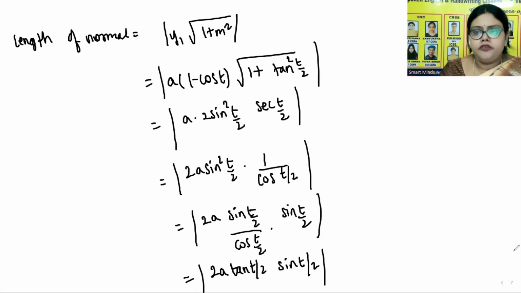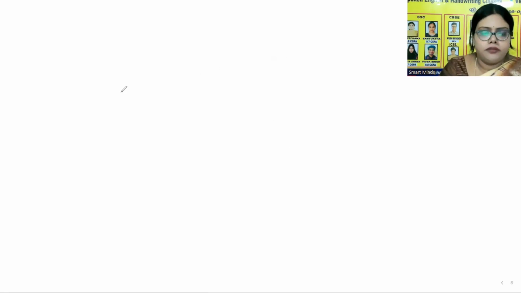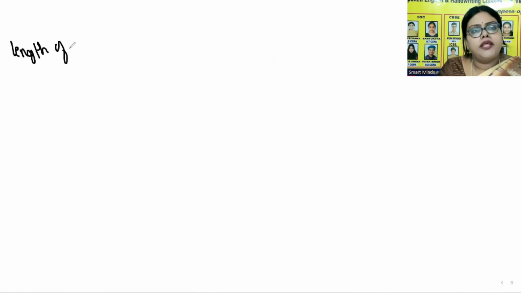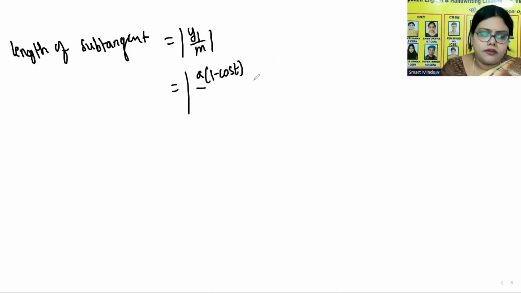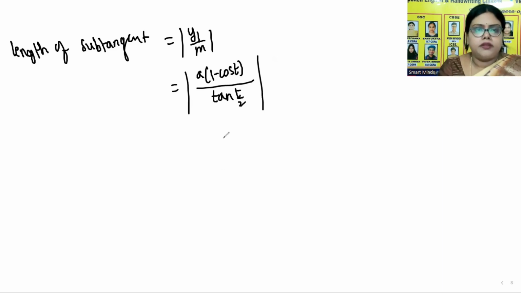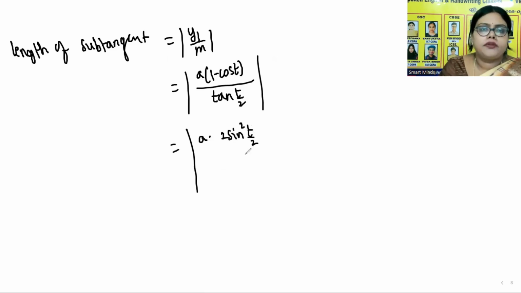Now next we need to find length of subnormal or subtangent, anything you can find first. So length of subtangent is mod y1 by m. What is y1? A into 1 minus cos t by tan t by 2. That is equal to mod a into 1 minus cos t is 2 sin square t by 2.